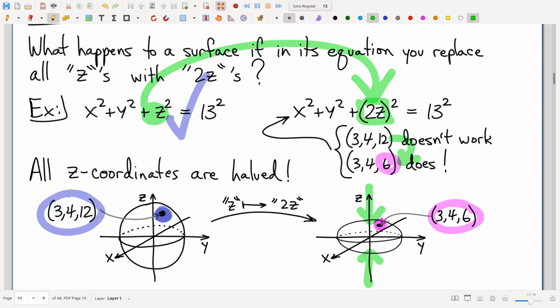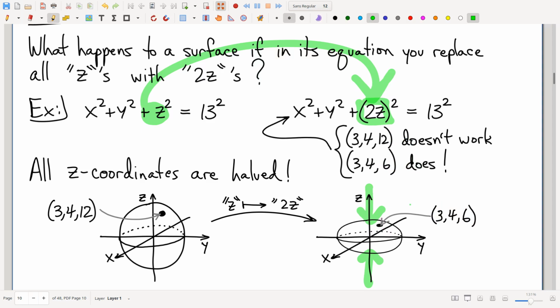And making the z coordinates half as big will perfectly balance with this extraneous 2 that I tossed in there, and the arithmetic will be exactly the same. So the nice punchline then, this is the geometric effect.